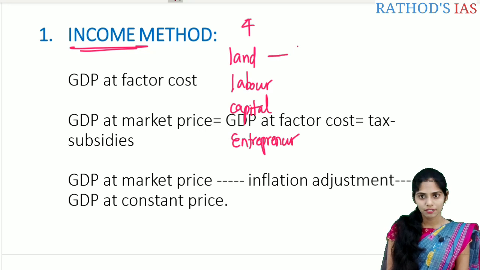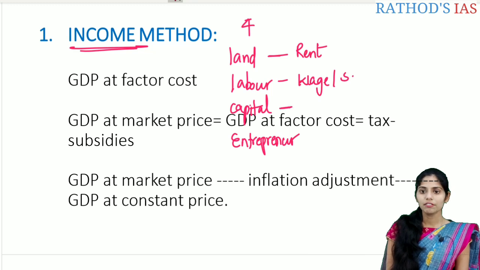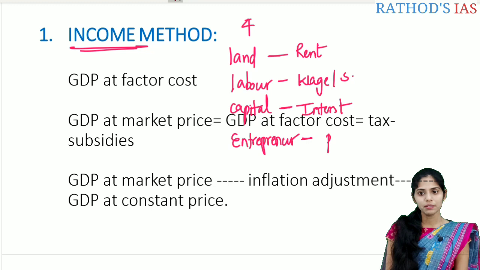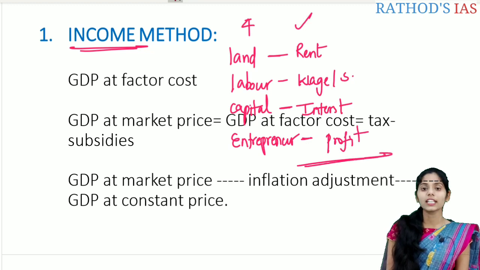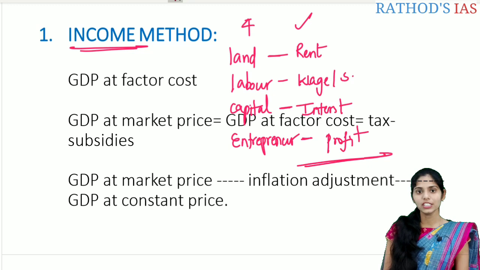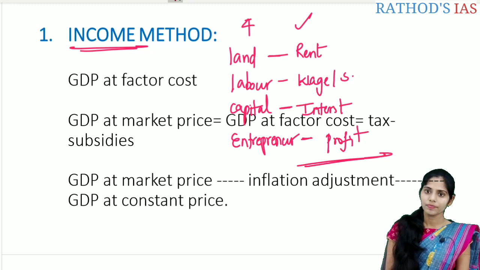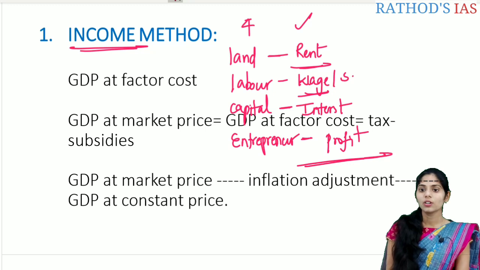For the land we pay rent, for the labor we pay wages or salaries, for the capital we pay interest and for the entrepreneur we pay profit. If you add all these incomes of these factors of production, we will get this income method. So we are going to add rent, wages or salaries, interest and also profit together.